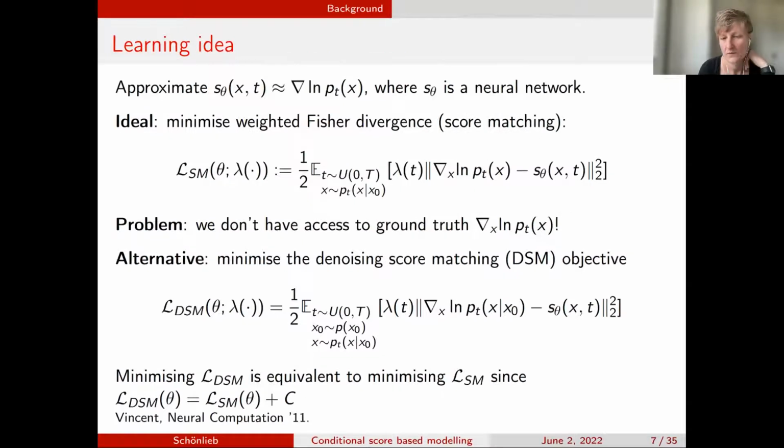Yes? Just on the previous slide. Why can you minimize the second objective? You still don't have access to the expected conditional log density, right? So how do you do this? Right, this is a good question. You can do it in several ways.